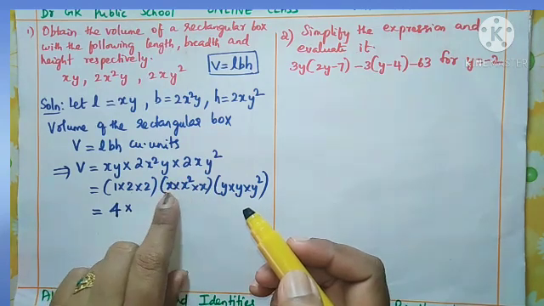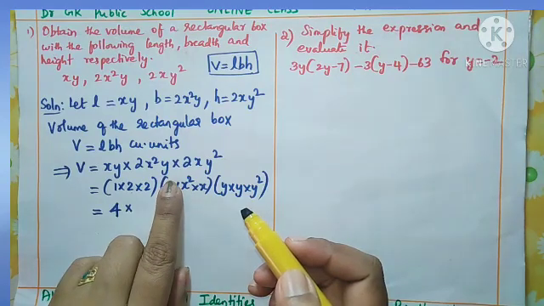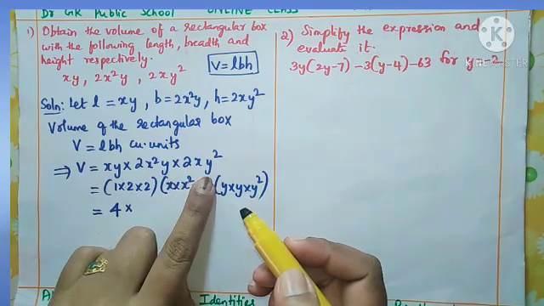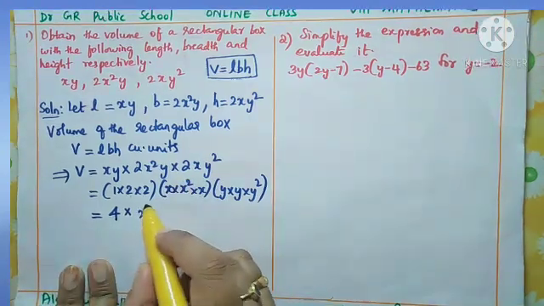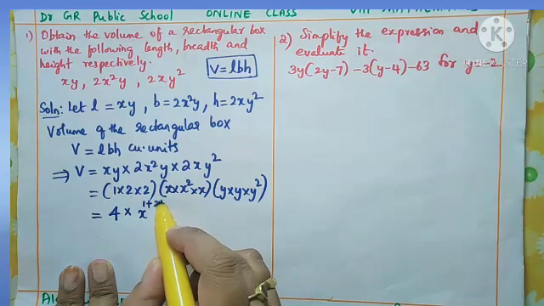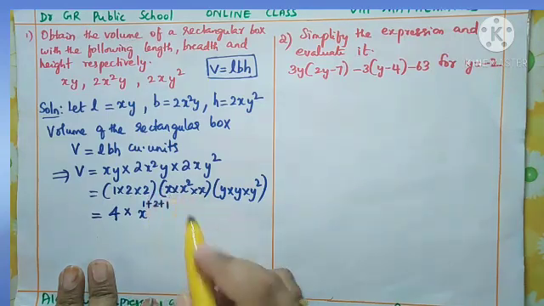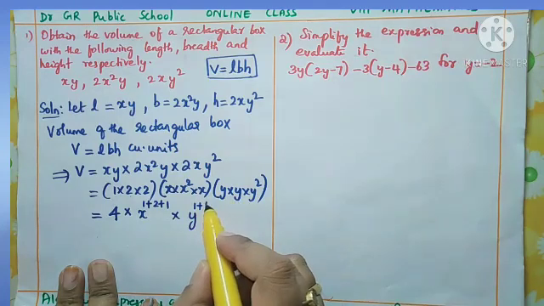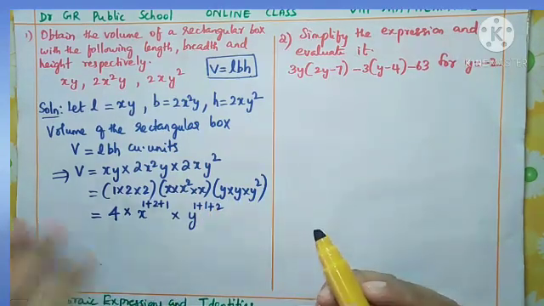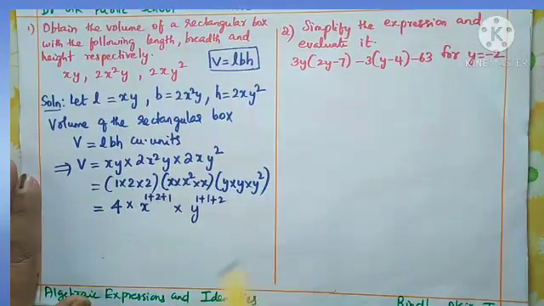So here what is the power of x? 1. Here 2. Here 1. So when you collect all the powers, what do you get? x raised to 1 plus 2 plus 1. The powers are added. Similarly, y raised to 1 plus 1 plus 2. So this is the way to add the powers.